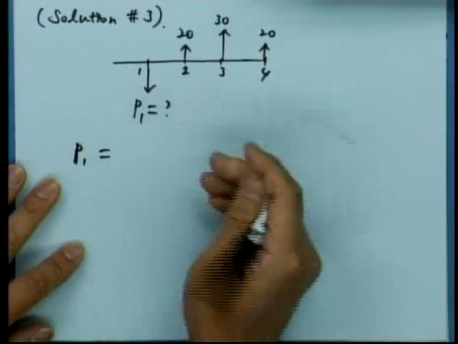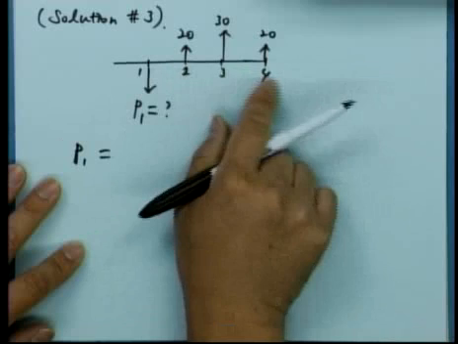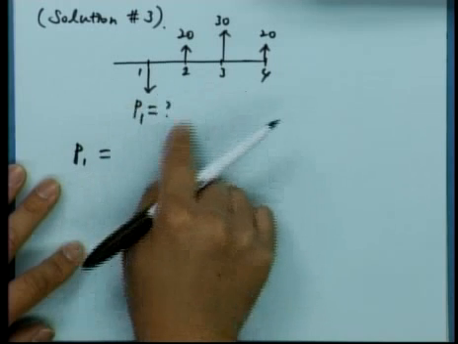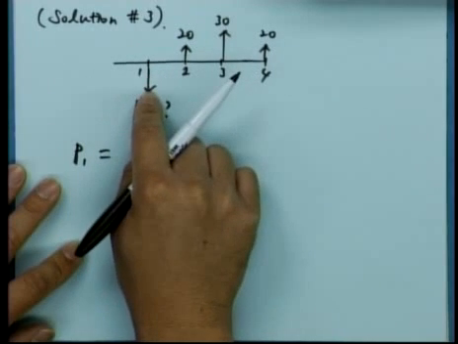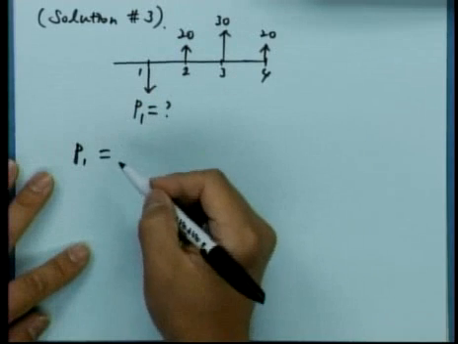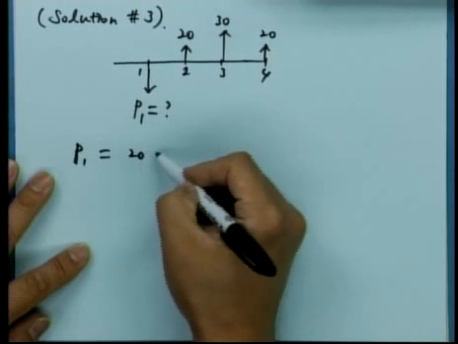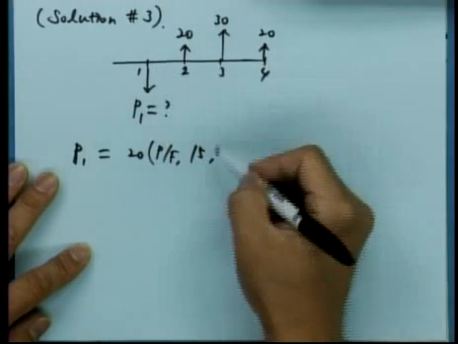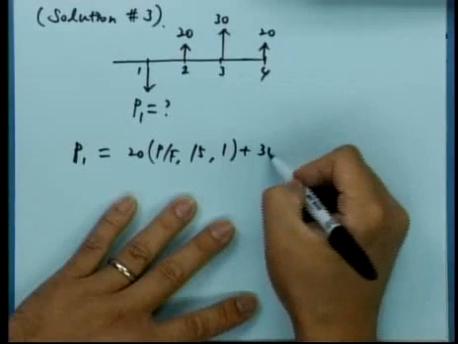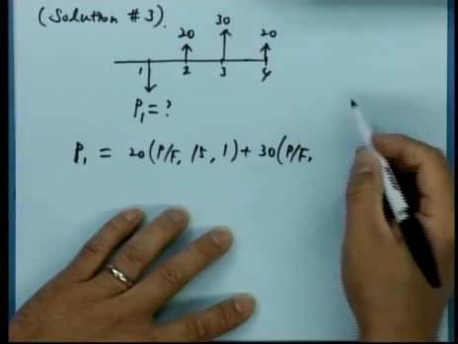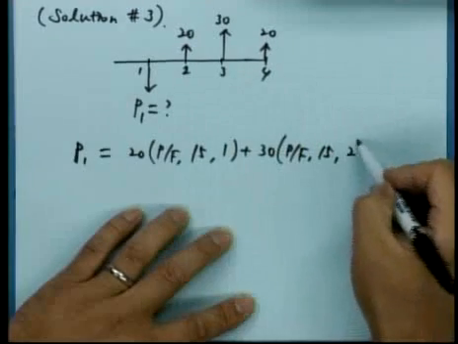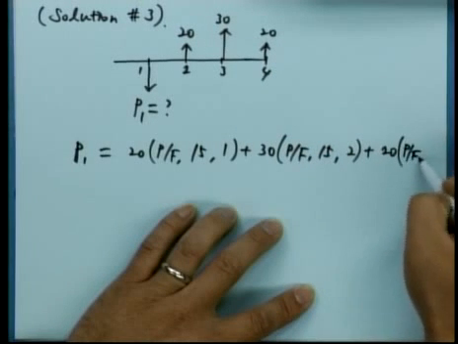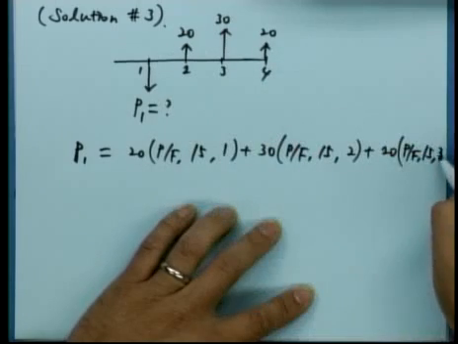Like I said, all 3 deposited values will be converted to a single value of P1 at the end of period 1. So P1 is 20 times (P given F, 15%, period 1), plus 30 times (P given F, 15%, period 2), plus 20 times (P given F, 15%, period 3), right?